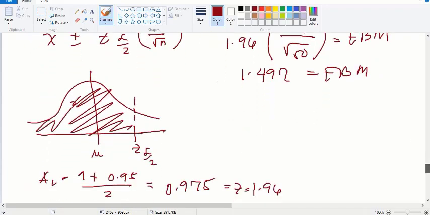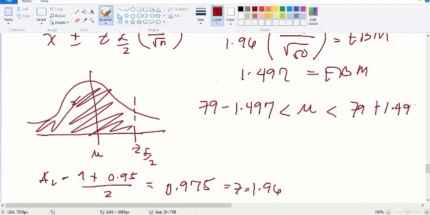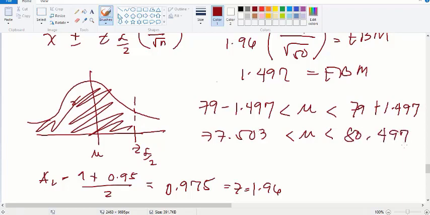So, to get the interval, it's just the mean, which is 79, minus 1.497 and 79 plus 1.497. So, that is 79 minus 1.497, which is 77.503, and then 79 plus 1.497, which is 80.497.